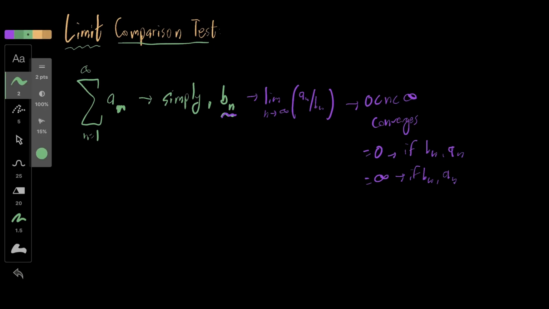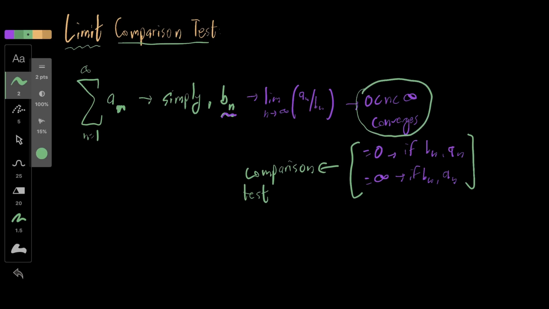Essentially, what you'll notice is these two cases are just the comparison test. And that's actually very unique, since the limit comparison test has both this one extra case and the regular comparison test.